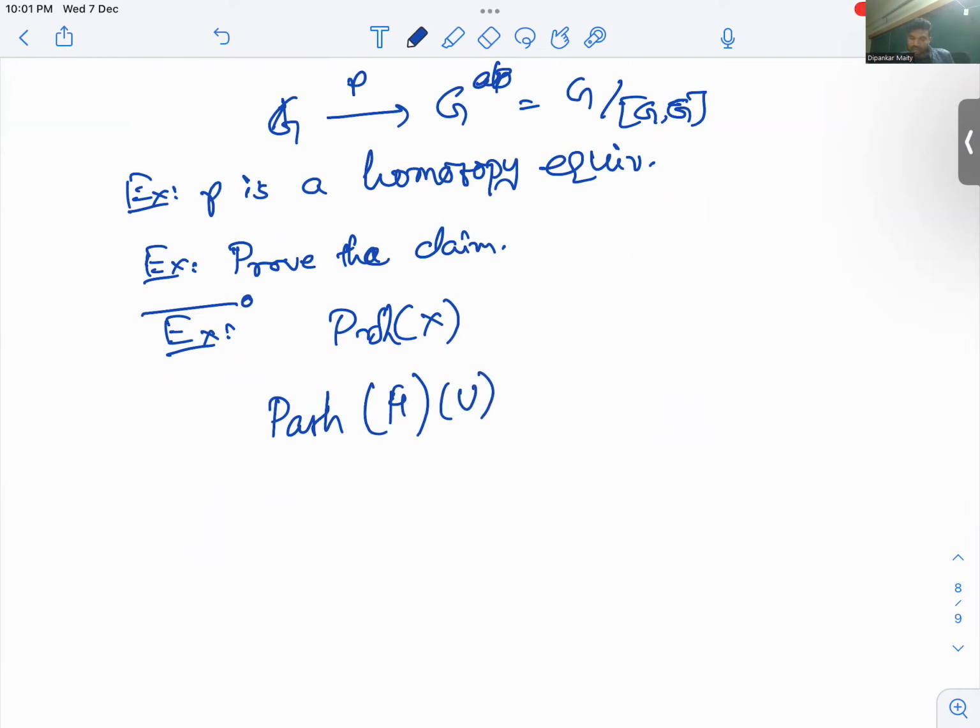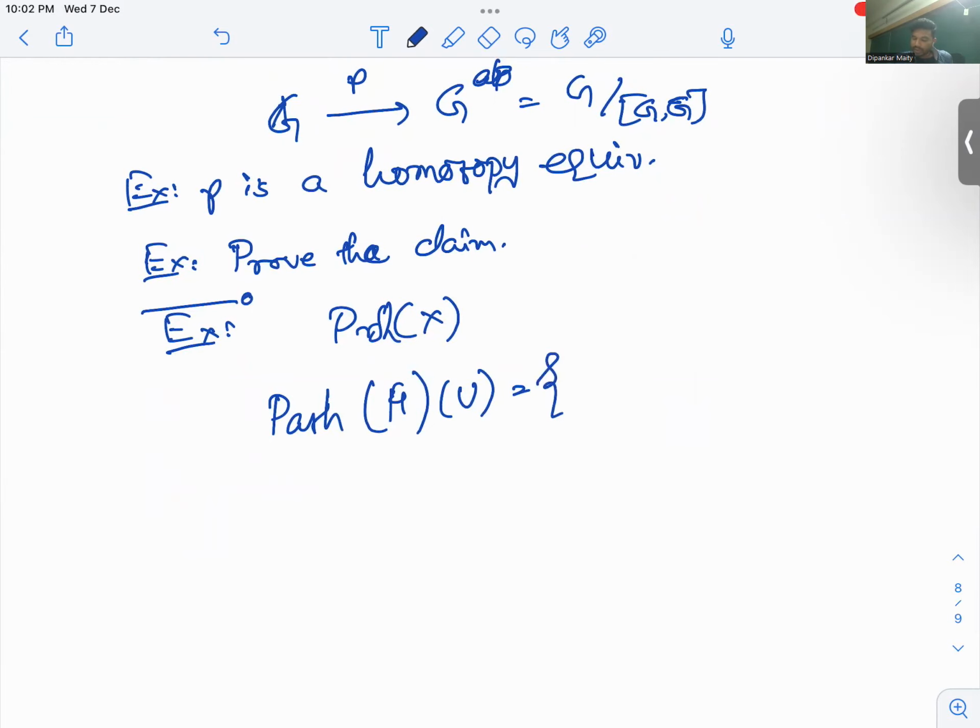The path object on F on an open set U is again given by pairs of sections s, t, such that the germ of s at x is equal to the germ of t at x for all x.